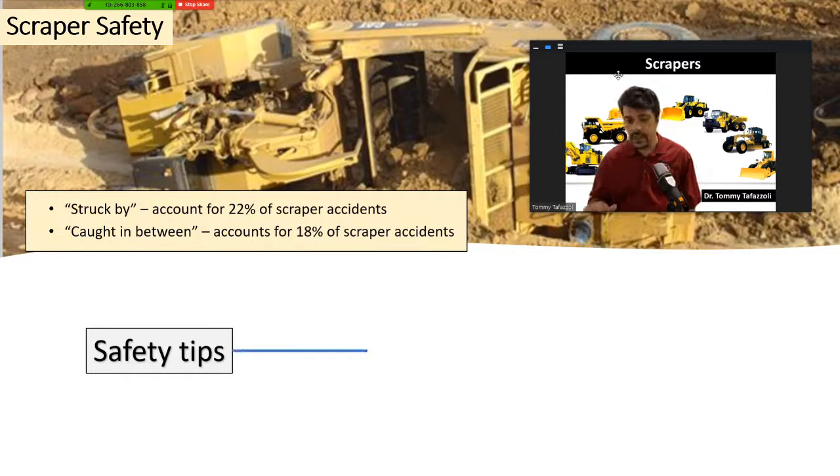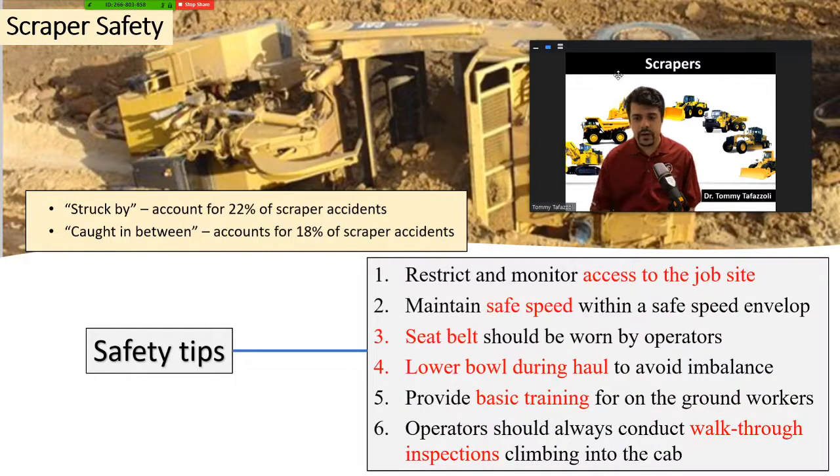So some safety tips are to restrict and monitor access to the job site. Not everybody, not unauthorized people, should have access. Sometimes if the scraper operator is late, don't even be tempted to run the machine because it could be very dangerous.